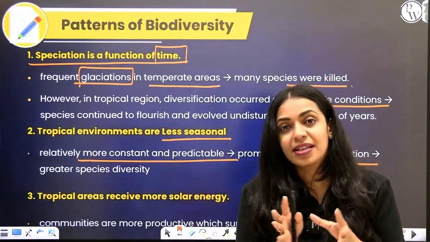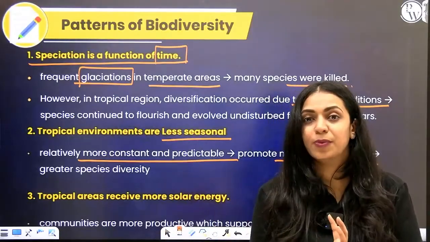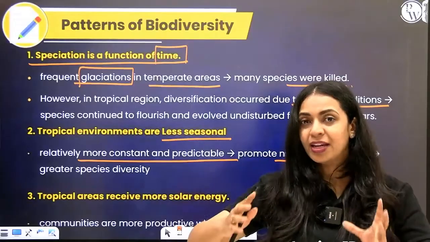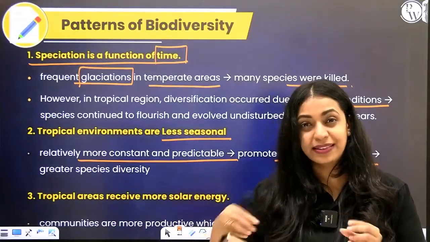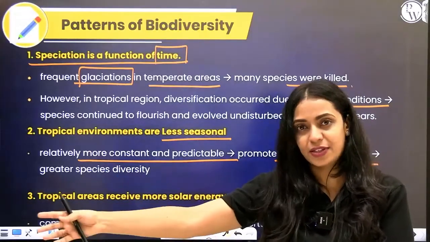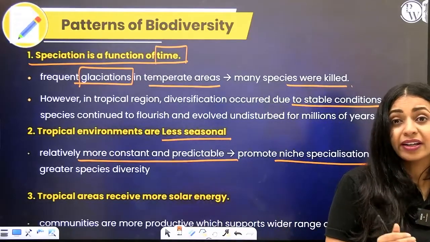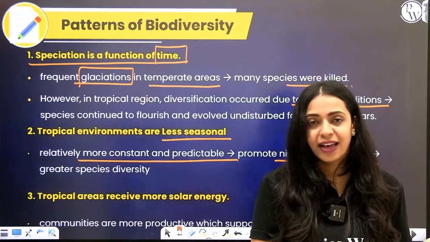When a species has to evolve and diversify, the kind of conditions that we give that species should not be very variable. When you're giving such predictable, constant environments, they specialize in that one and then they eventually evolve and diversify. If you're constantly changing the environment for them, we're not giving them enough time to specialize in that particular area.